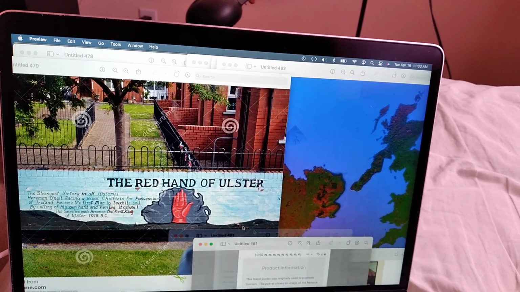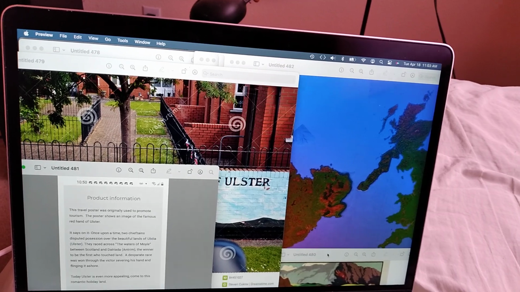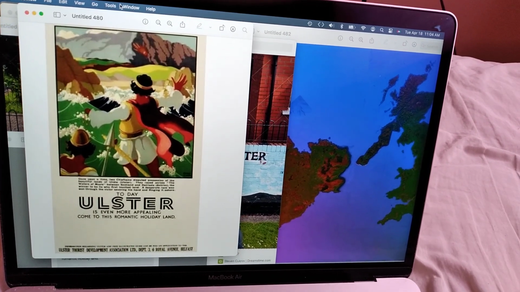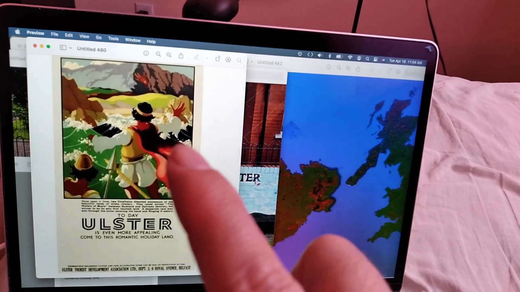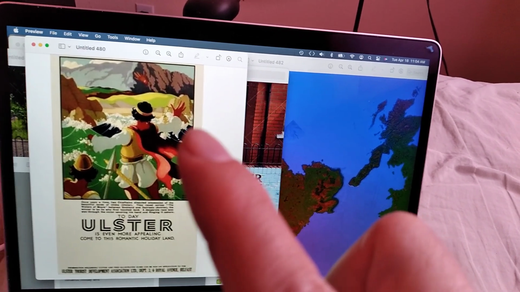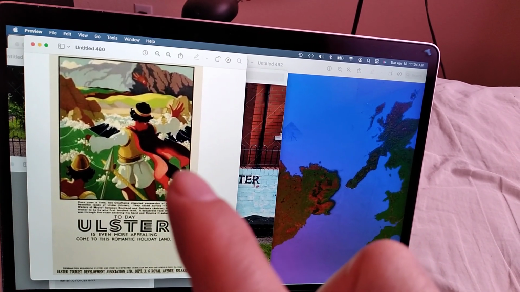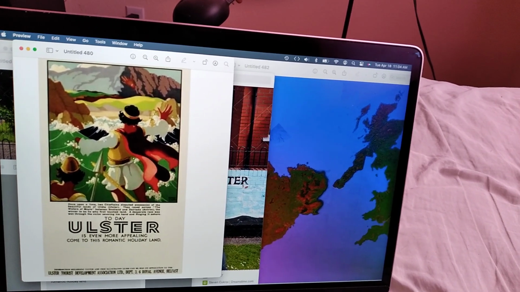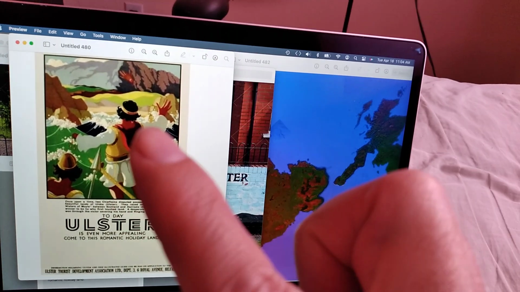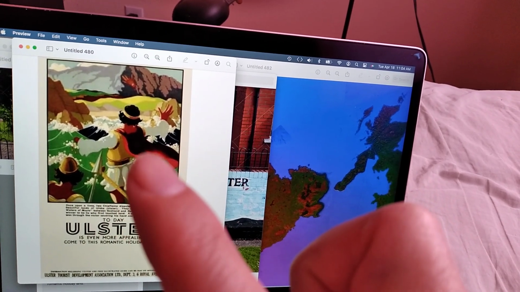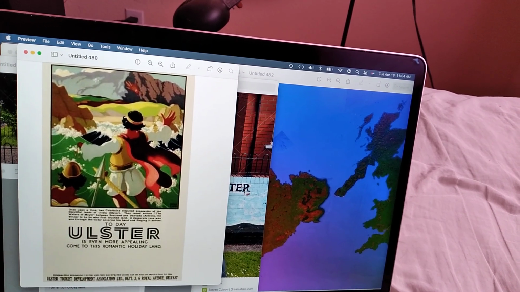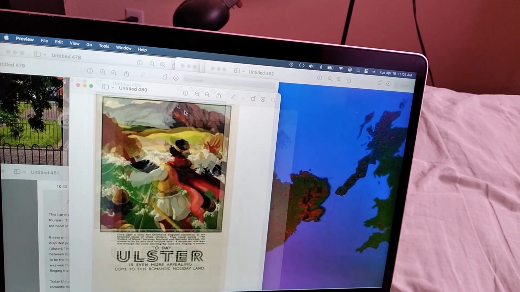Even this refers to it as two chieftains, but the URL for this says Finn McCool, who's the giant. It says Finn McCool travel poster. So whoever made the URL seemed to realize that this is a giant and considered him to be Finn McCool, and may well be correct.